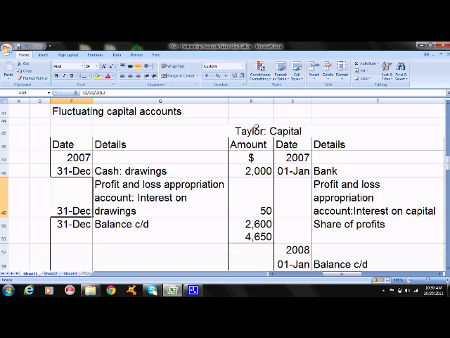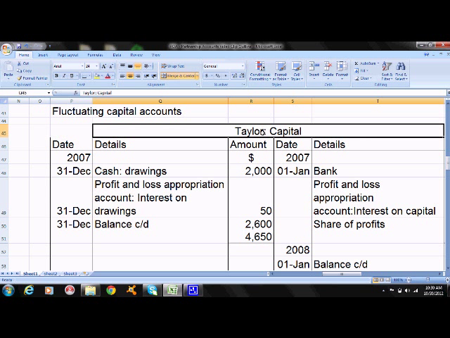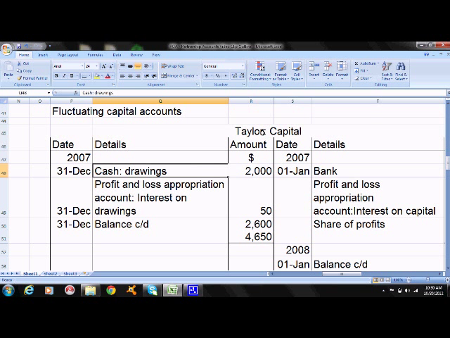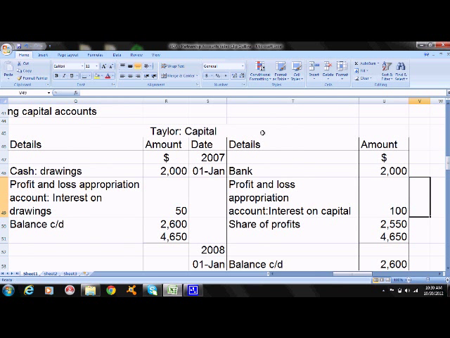Now, we are looking at the fluctuating capital account for Taylor separately. So you will have $2,000 cash drawings, because we're going to debit drawings and interest on drawings, $50. We're going to credit the capital account with $2,000, which is what was recorded as capital before.